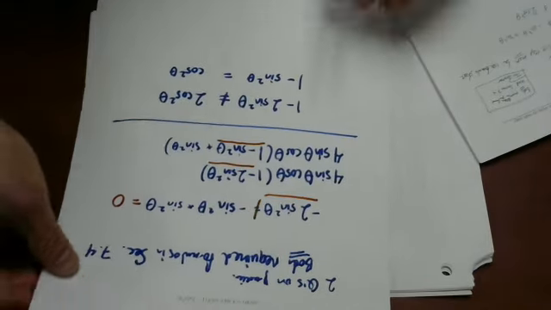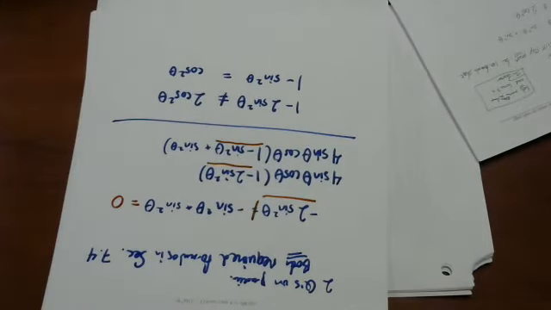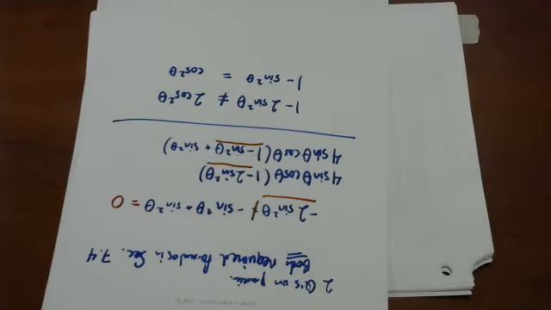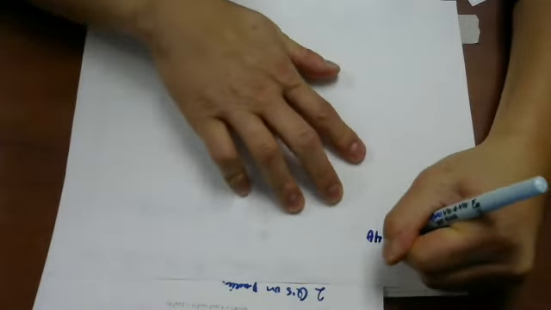A number of other people tried this. Let me get another sheet of paper. In this same trig identity one, people ended up doing a lot of things like sine of 4 theta, for instance.